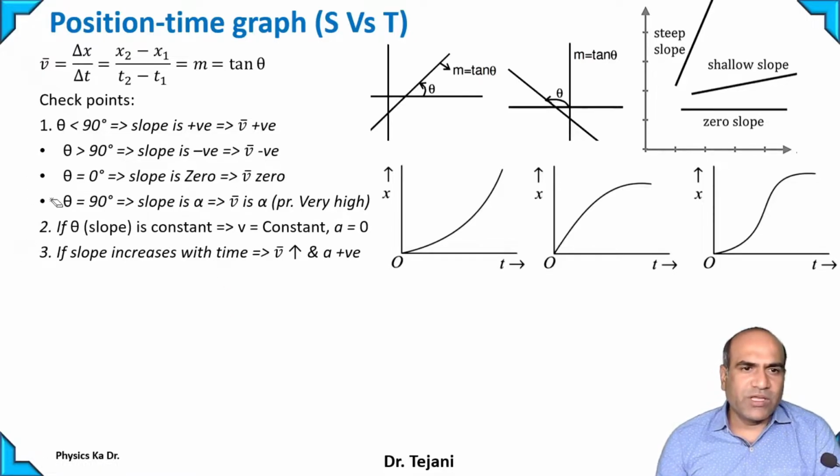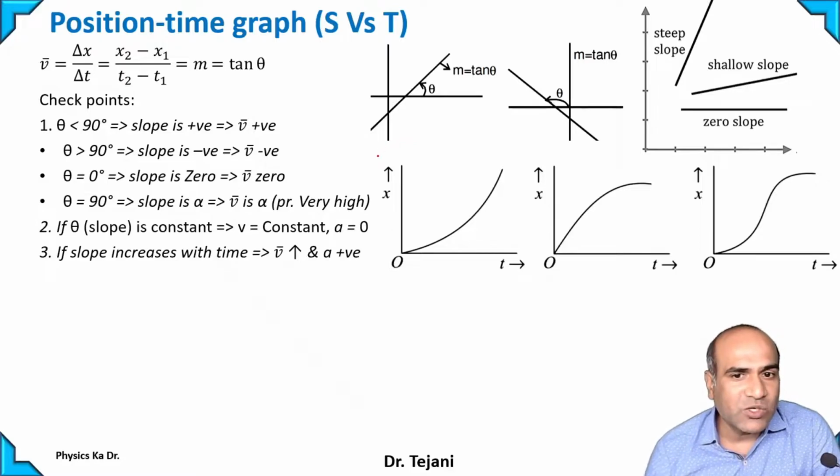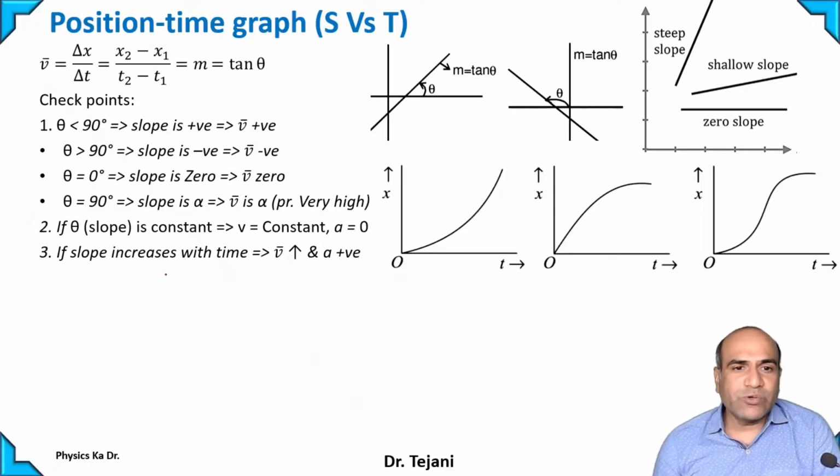Checkpoint number three: if the line is not a straight line, you need to check whether the slope increases or decreases. Say, for example, in this drawing there is some curvature.